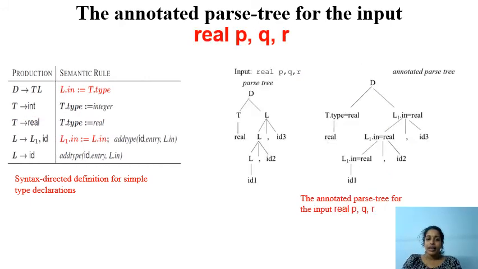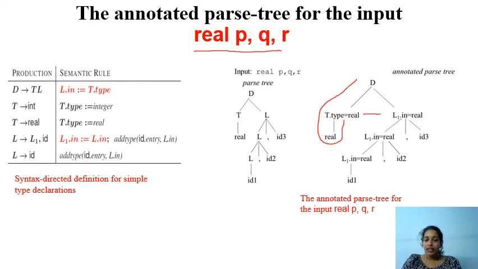Let's consider another example, real p comma q comma r. First of all, we construct the parse tree. Then we traverse it. We have now seen the production T gives real, so we perform the semantic action.